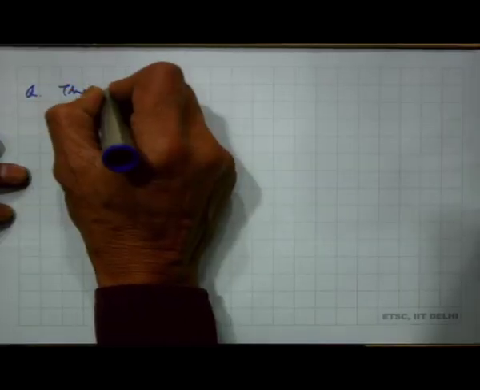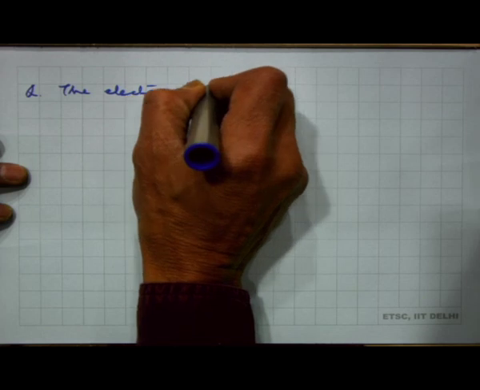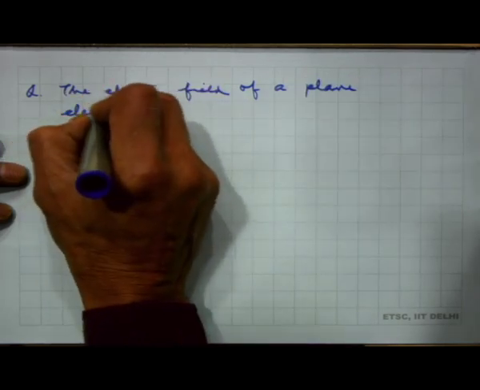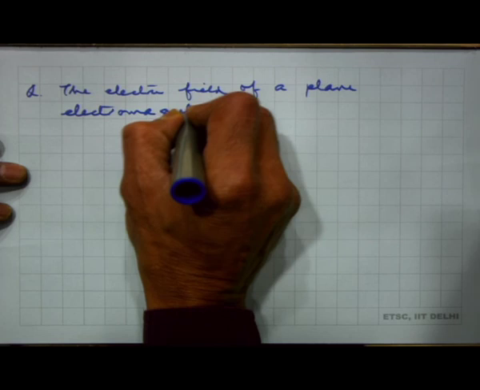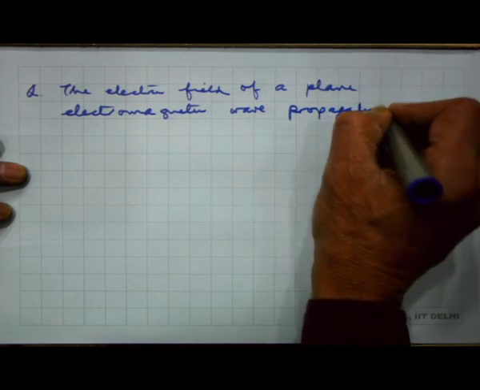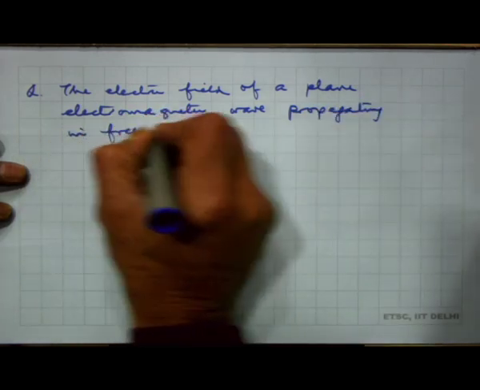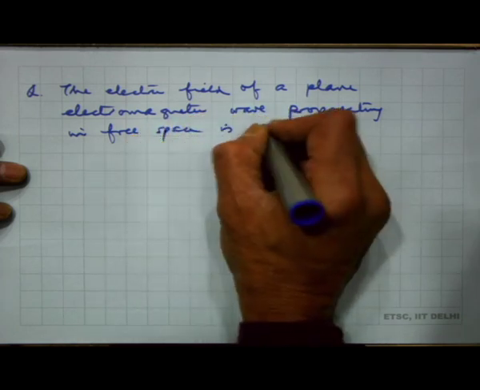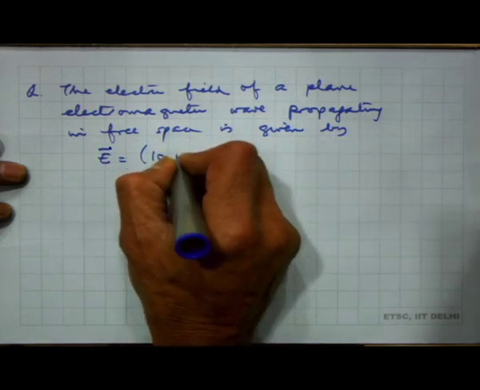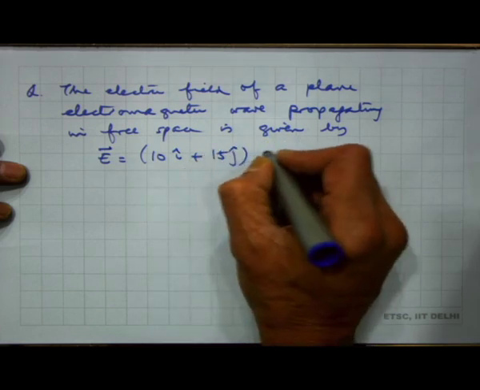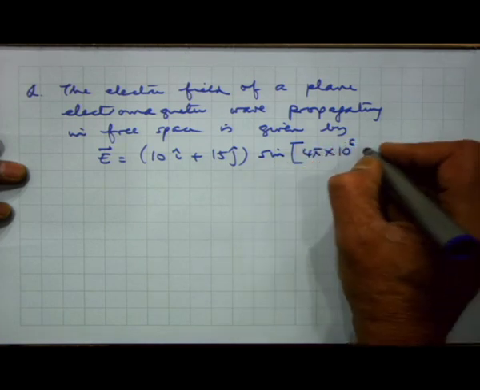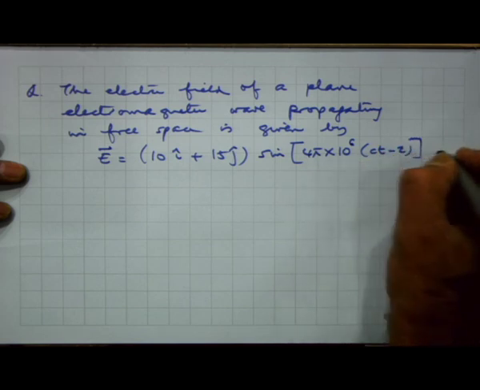The electric field of a plane electromagnetic wave propagating in free space is given by E is equal to 10 i cap plus 15 j cap, sin of 4 pi 10 to the power 6 into (C t minus z) volts per meter.